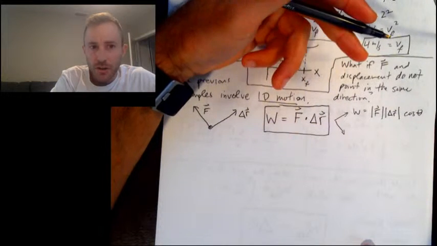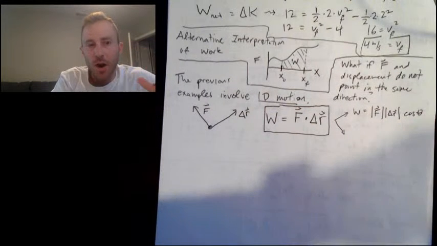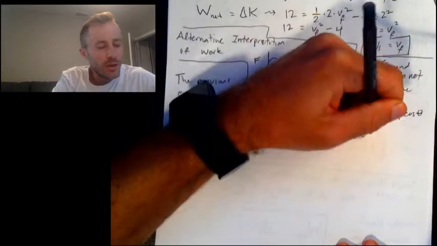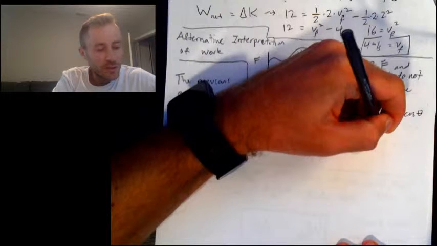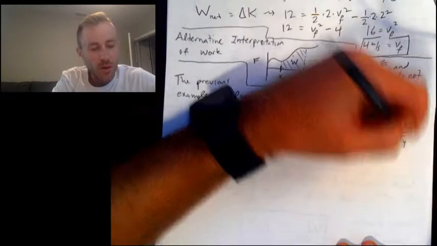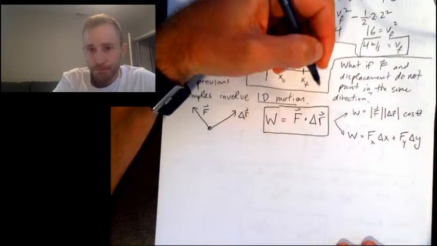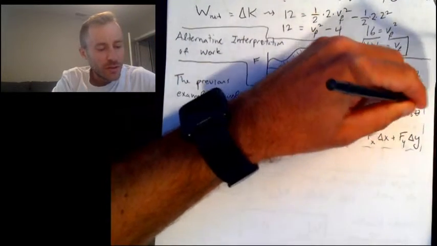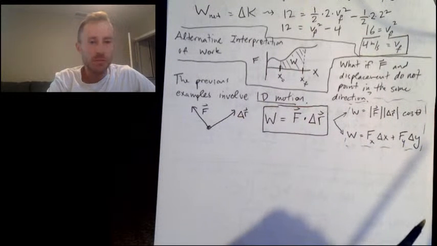Another interpretation is x component times x component plus y component times y component. So the x component of the force is F sub x, the x component of displacement is delta x, plus the y component of the force, F sub y, times the y component of the displacement, delta y. If you forgot how to do the dot product, these are some equations to help you.